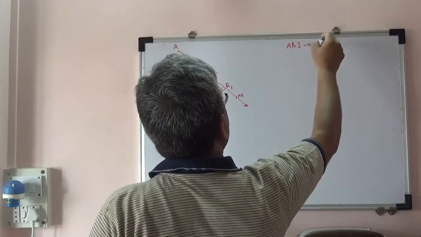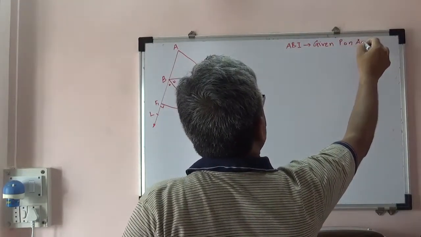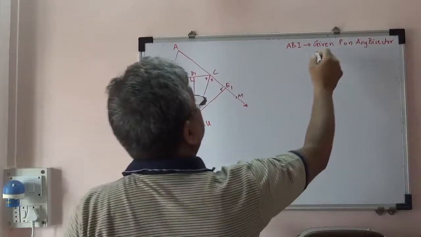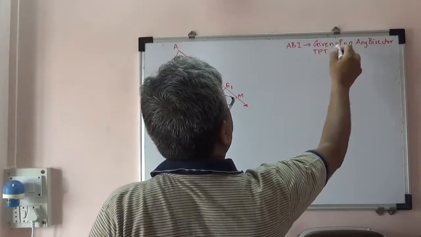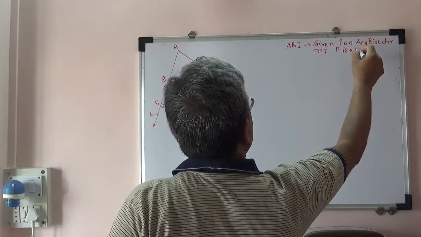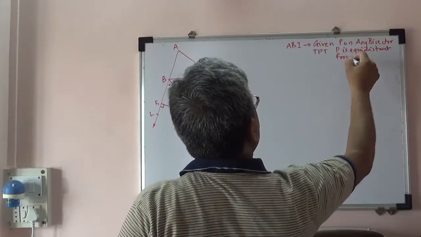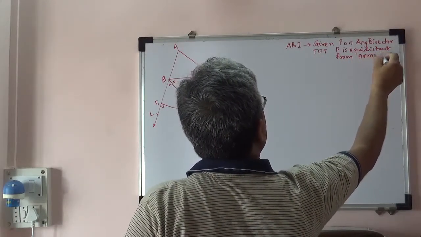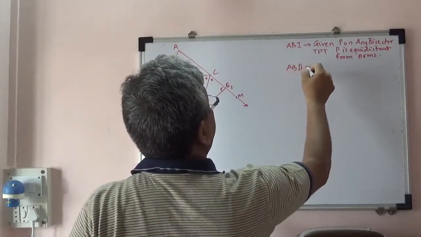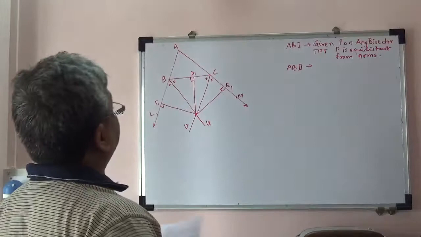AB1 was: given P on the angle bisector, then to prove that P is equidistant from the arms of that angle. That was our AB1, and AB2 was the converse of this: if the point is equidistant from the arms, then it lies on the angle bisector.